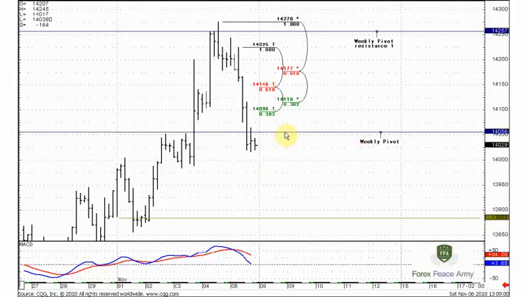Right now it's very difficult to establish the possible levels for entering on the short side, but if you are a day trader, not an intraday trader, the possible area is about the 61.8% resistance from the recent swing to the downside. I suppose that this level should hold, or even if the market opens lower, it can flirt with the weekly pivot point and then continue to move to the downside.